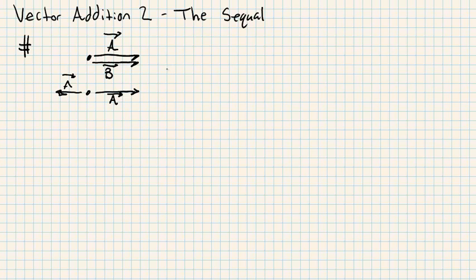We can simply add them. A vector plus B vector gives us C vector, or in this case, A vector minus B vector gives us C vector. That's rule number one. If they're in line, you can simply add the vectors.